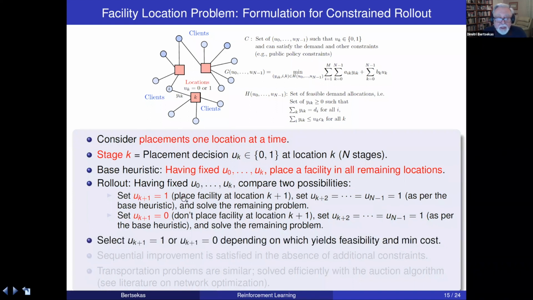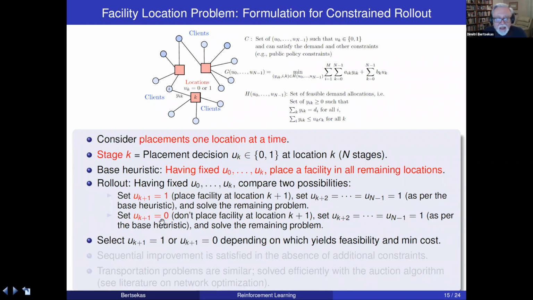and we check for feasibility. And this one is going to be feasible. Why? Because it builds up everything, okay? If we have reached up to here with a state feasible so far, we're going to remain feasible because the base heuristic is very generous and allows us to build a facility in every location.